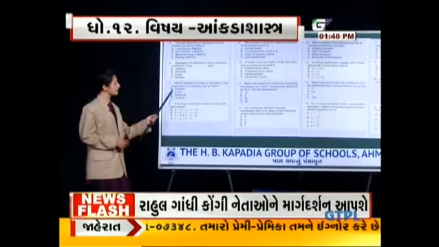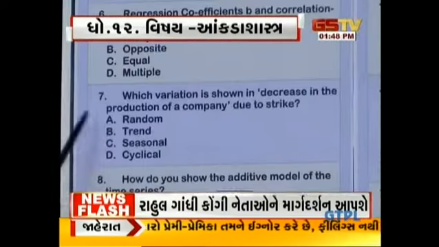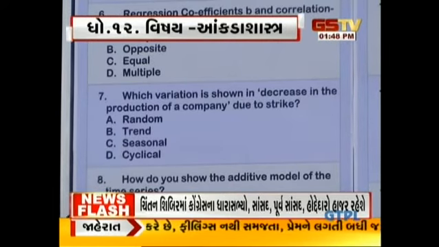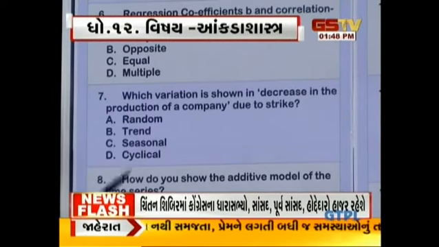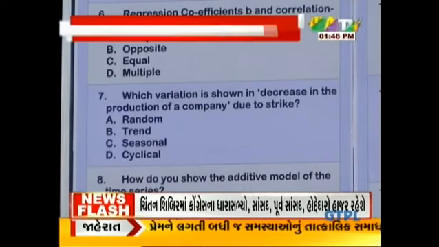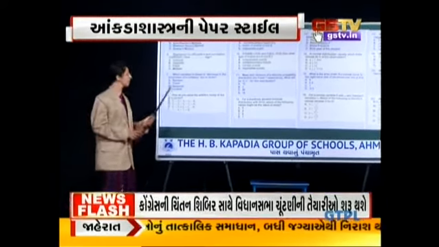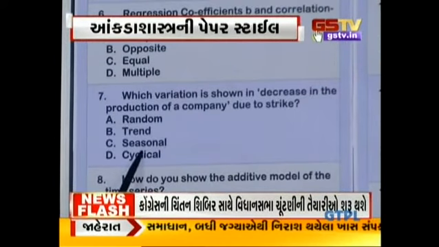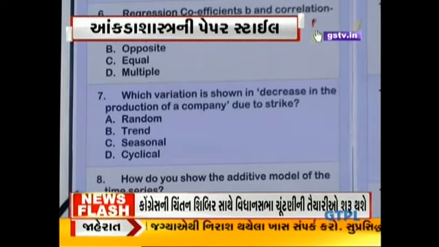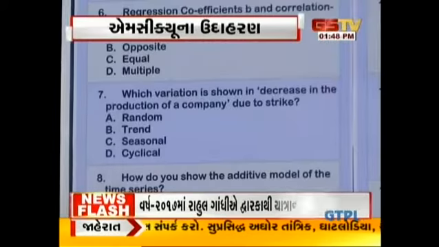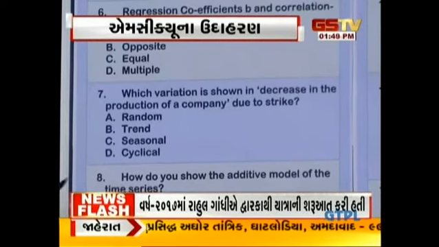Even examples can be asked from the other components also, like seasonal component, cyclical component. For example, which variation is shown with the increase in the demand for raincoats during monsoon? That type of example is of the seasonal component. So similar MCQs can come from chapter 4, that is time series.